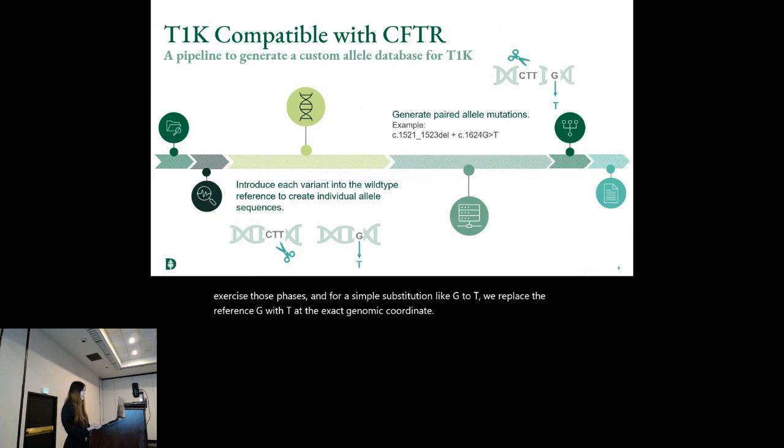While CFTR2 catalogs complex alleles, which means that one allele can have multiple variants, it is far from complete. Therefore, we generated complex allele sequences by combining two individual alleles on the same reference backbone. For example, F508 deletion plus a second point mutation here to model real patient genotypes.